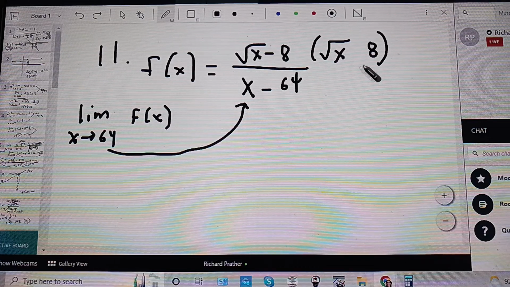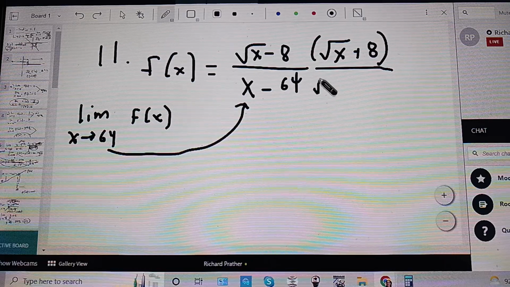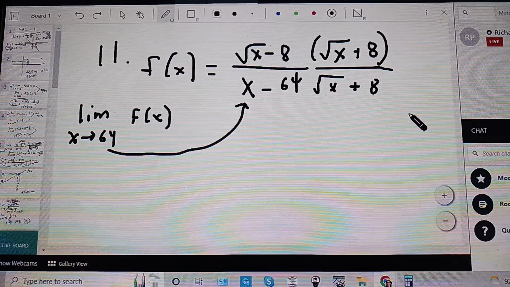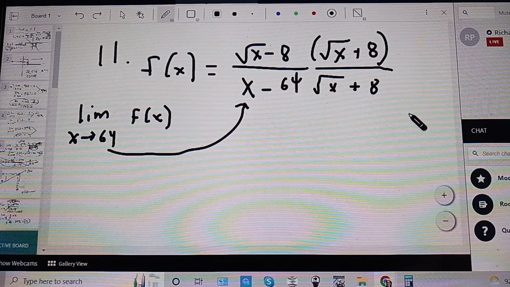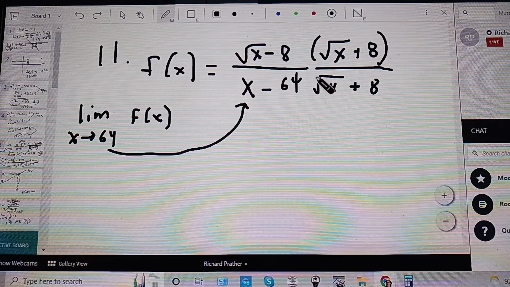There's a minus here, so you need a plus there. And if you do the same thing to the top and bottom of a fraction, then you're not changing the original fraction. It's just an equivalent version of it. Because you're doing something divided by itself, which is 1, and anything times 1 is itself. So somebody thought to try this because whenever you multiply conjugates, it always makes radicals go away in algebra.